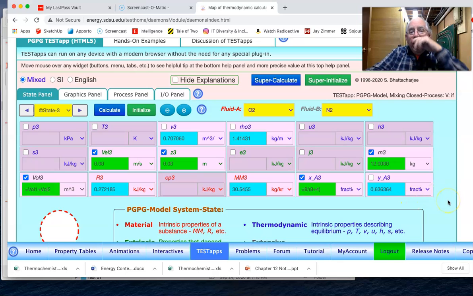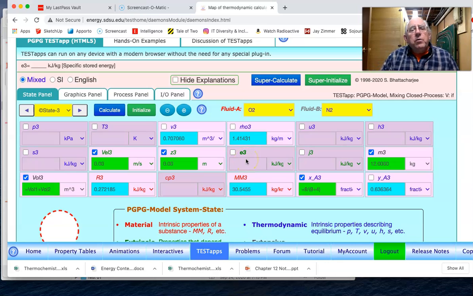What's going to happen in this problem is that the stored energy is going to be constant. When we first start, we have oxygen with a certain stored energy and nitrogen with a certain stored energy, and then the final mixture has that same amount of total stored energy.